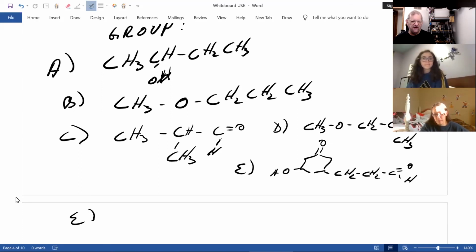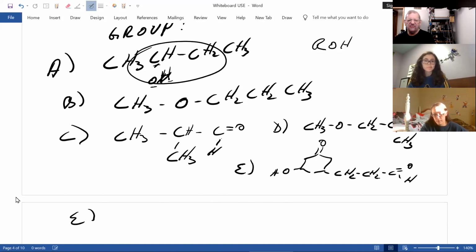Look for what's different. Hydroxyl group on a carbon. That's an alcohol. If your circle is a little smaller or a little bigger, that's okay. Ooh, oxygen with a carbon here.